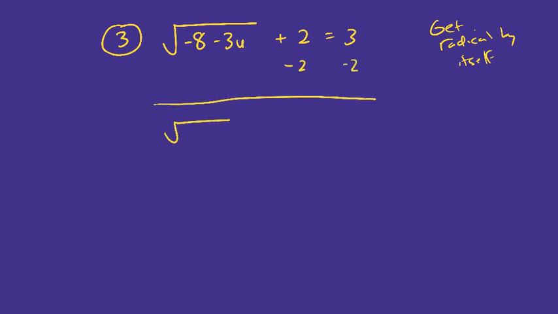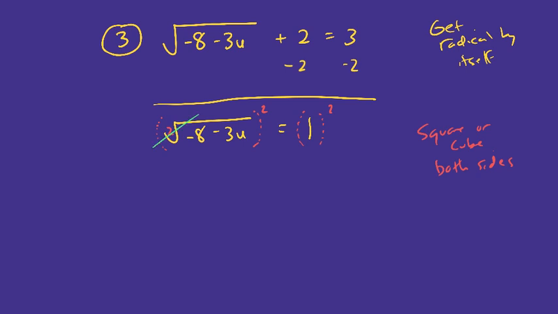And we've got the square root of negative 8 minus 3u equals positive 1. And then it's just like example number 2. We've got the radical by itself, so we're going to square or cube both sides. Since this is a square root, we're going to square.